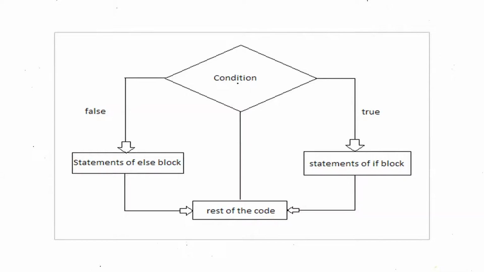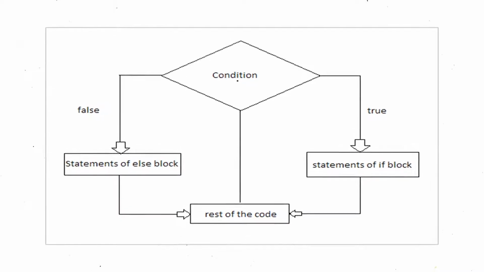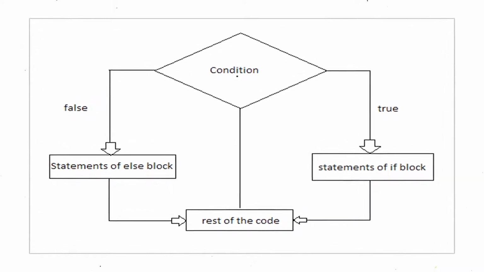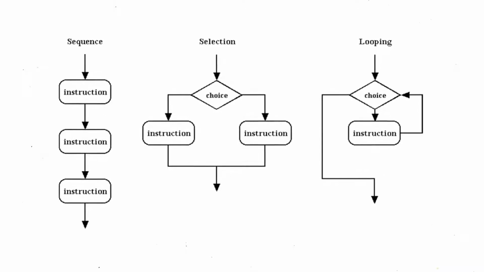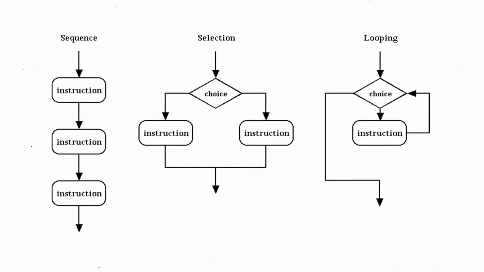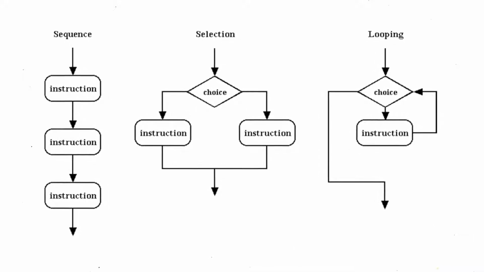The order of execution of the statements depends on some conditions and decisions. The logic can be described using one or more combinations of the structures, namely sequencing, selection and repetition or looping.